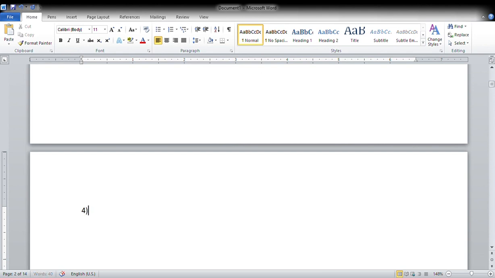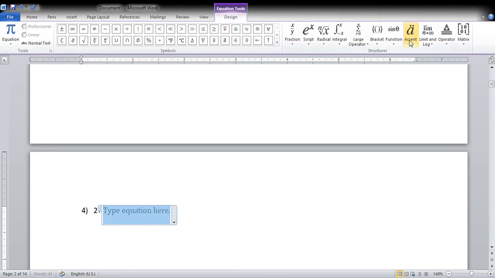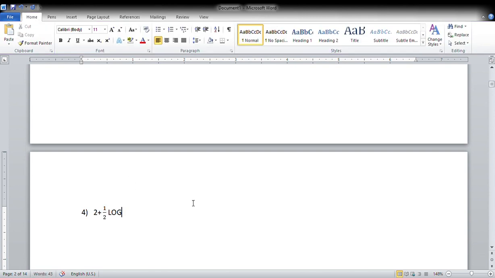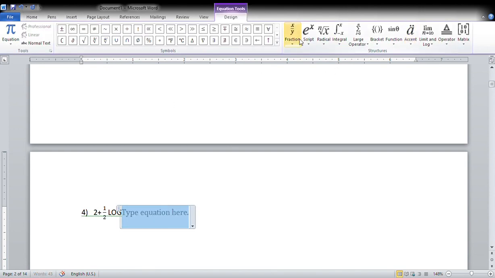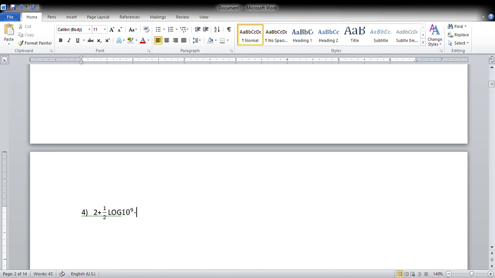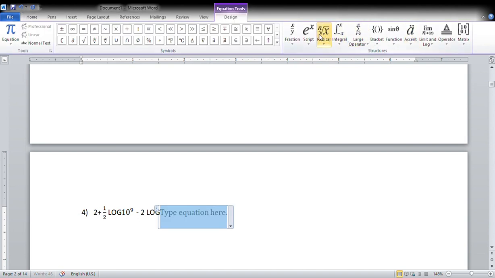What is problem number 4? 2 plus again 2 plus 1 by 2, 1 by 2 log 9 with the base 10 minus 2 log 5 with the base 10, right? Log 5 with the base 10.